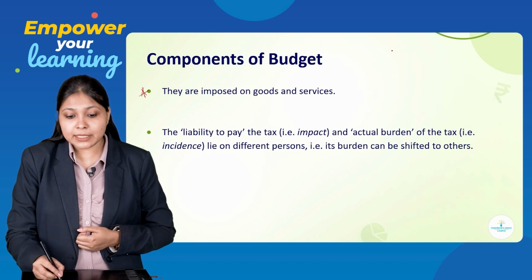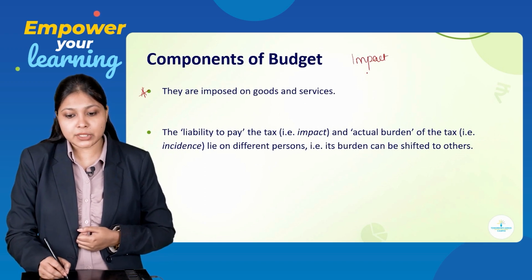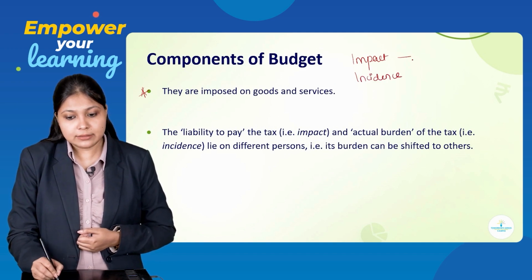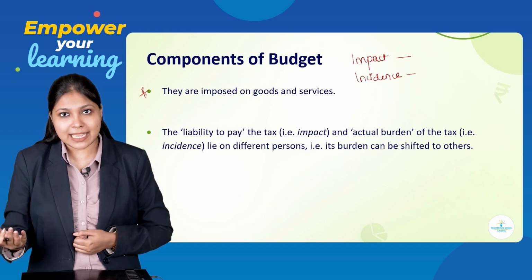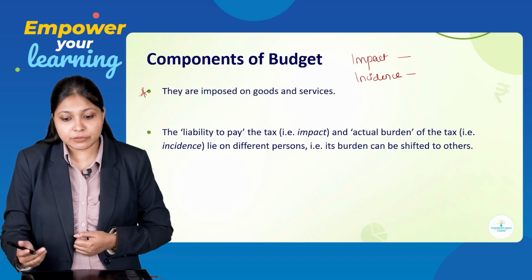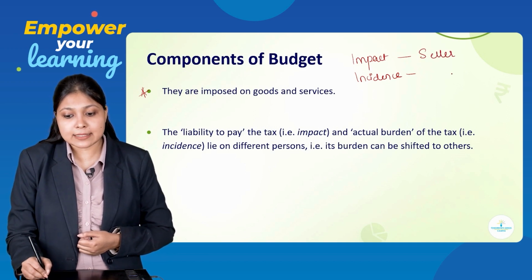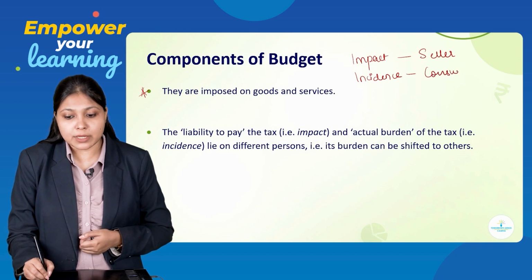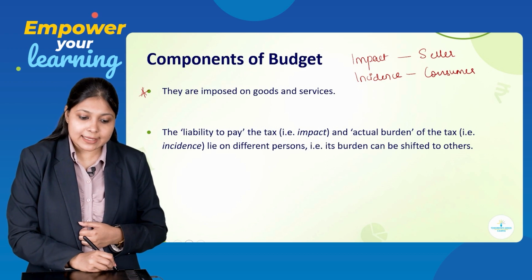GST or indirect taxes are always imposed on goods and services. Here, the liability to pay the tax, that is impact, and the actual burden, that is incidence, are going to be on different persons. So, the liability can be shifted, the burden can be shifted. Impact, or the liability to pay the tax, is on the seller, but incidence is on the consumer, because the consumer is going to pay the taxes.